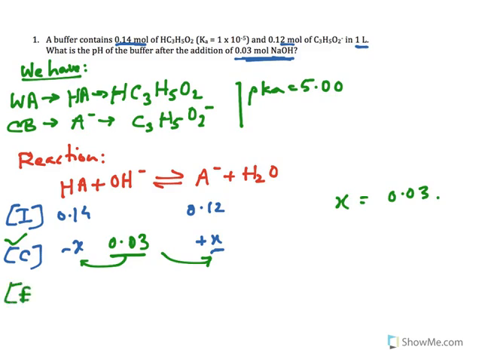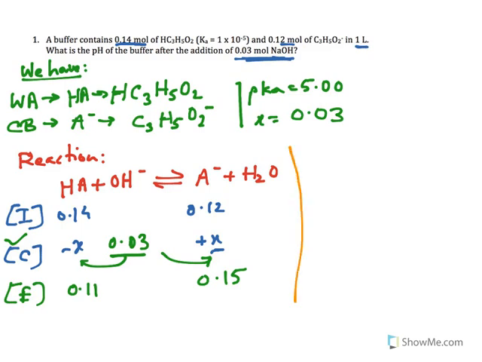So at equilibrium, we're going to end up with our weak acid concentration of 0.11 molar and our conjugate base concentration of 0.15 molar. Now that we have everything, we can plug everything into our Henderson-Hasselbalch equation. So we're going to have pH equal to our pKa plus log of the base over acid.